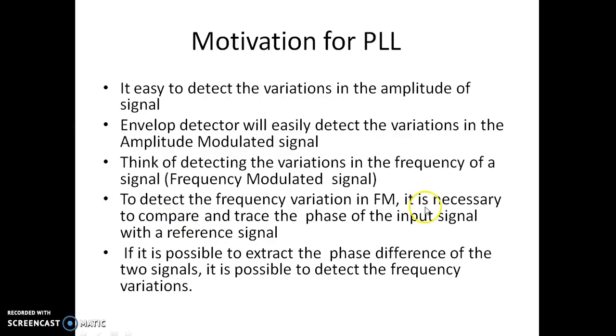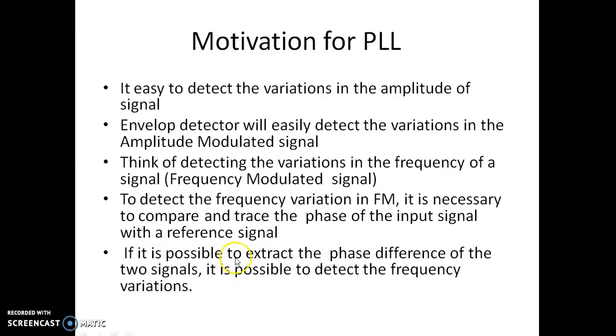If it is possible to extract the phase difference of the two signals, it is possible to detect the frequency variations. Now we know that if we are able to extract the phase difference between this reference and the incoming signal, then you can somehow trace the variation in the frequency.